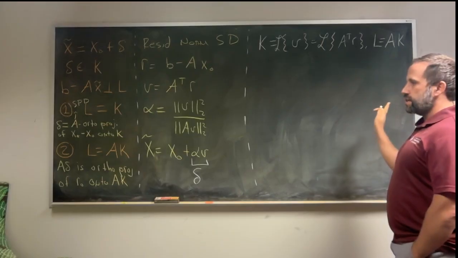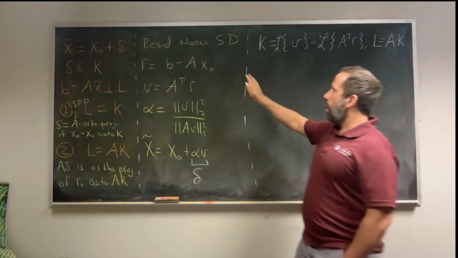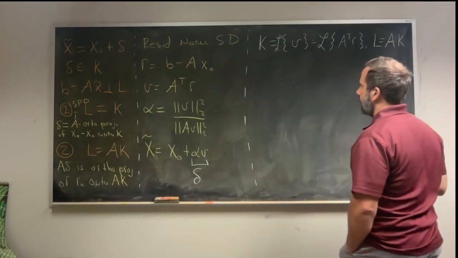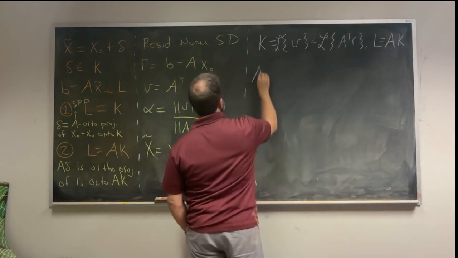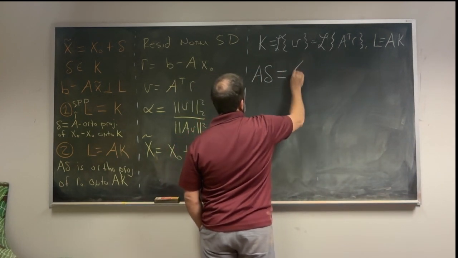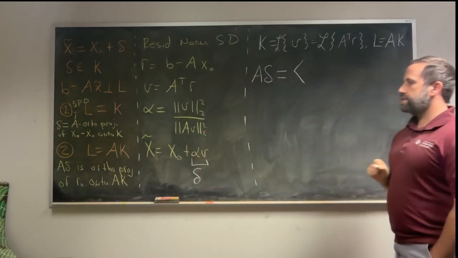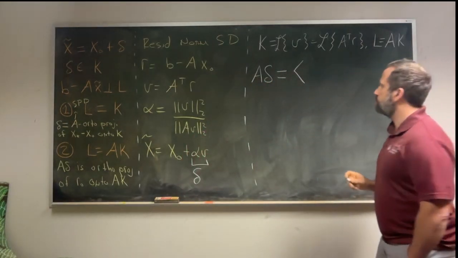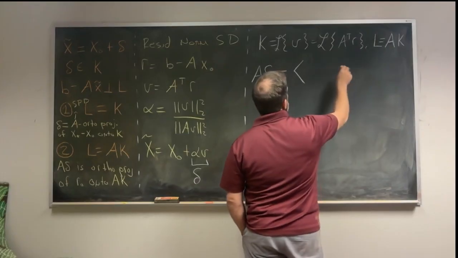where was I? A delta is the orthogonal projection of R onto AK. So let's write out what that is. Again, like the last example, we don't have a formula for delta. We have a formula for A delta. And we know A delta is the projection of R onto AK. So what is AK?